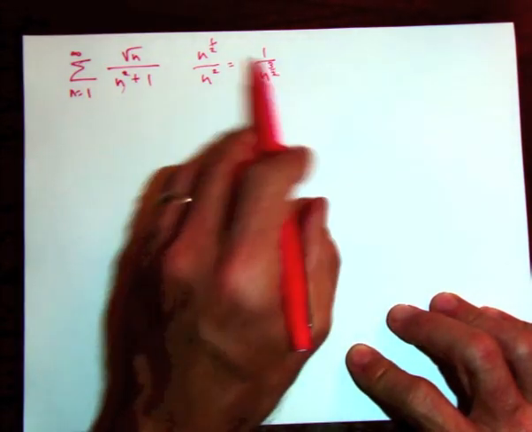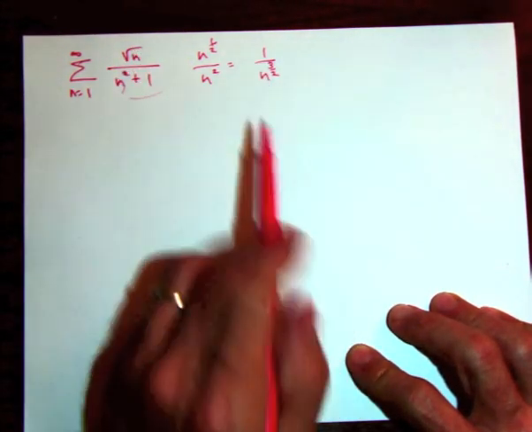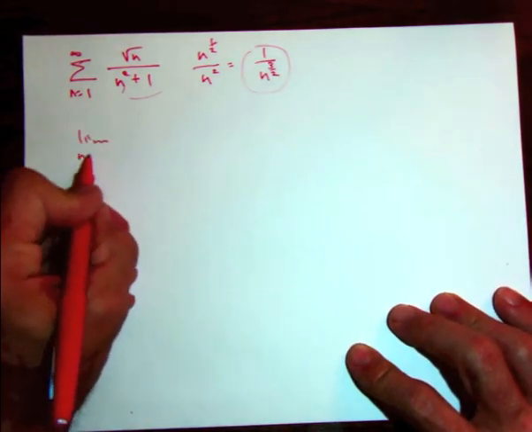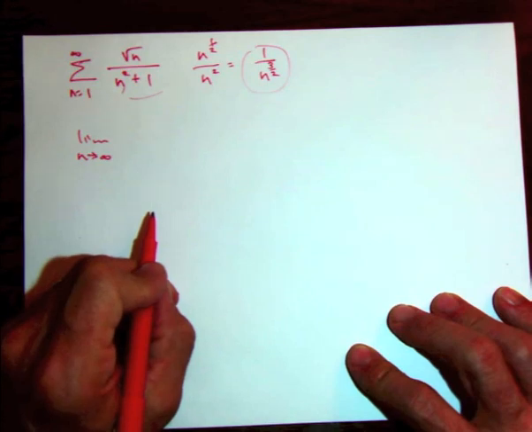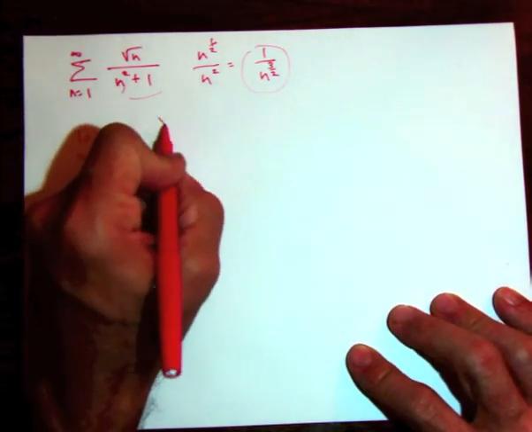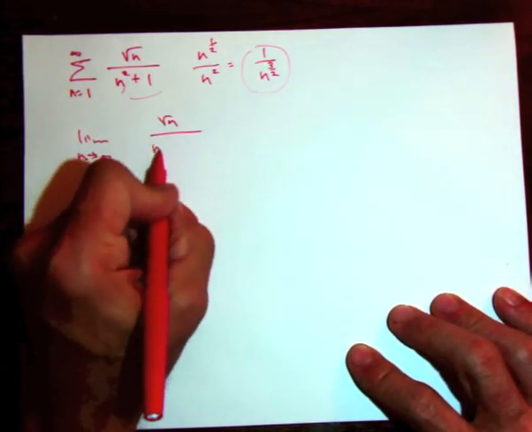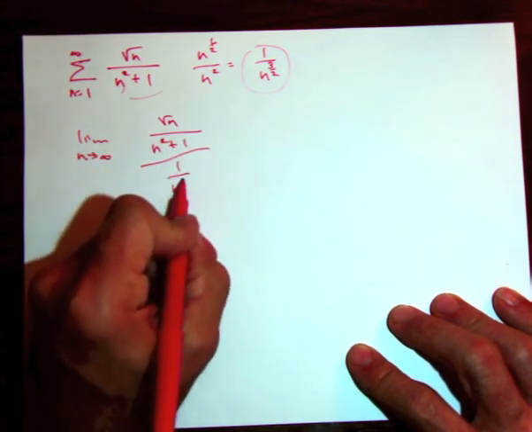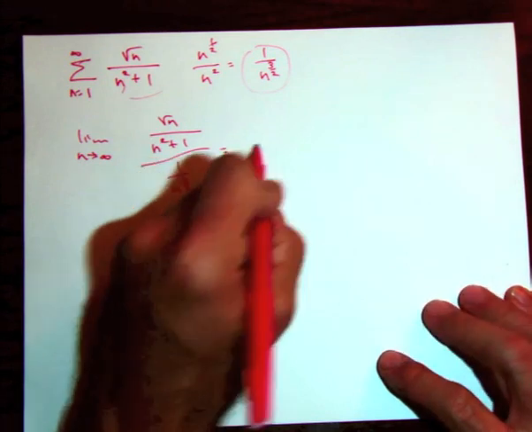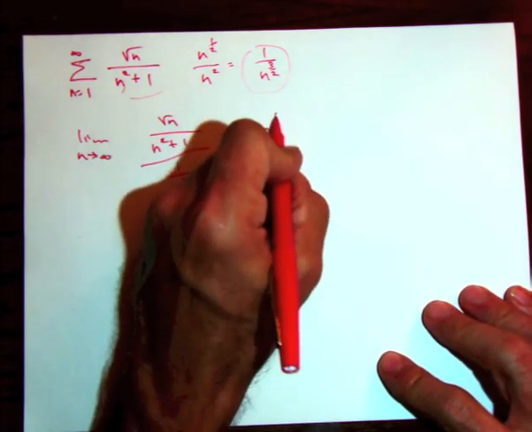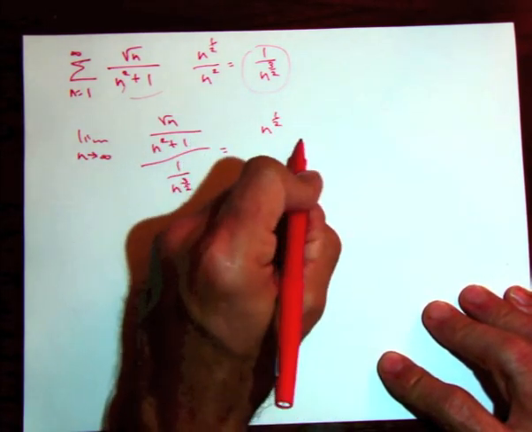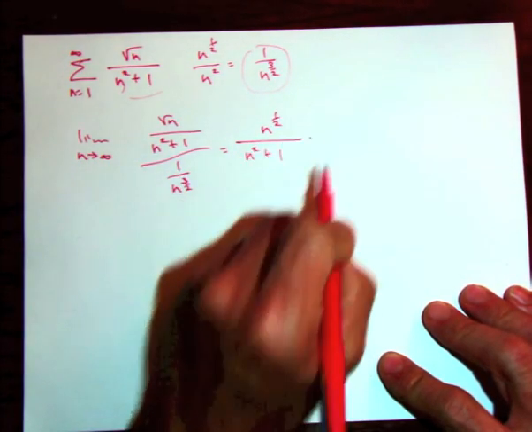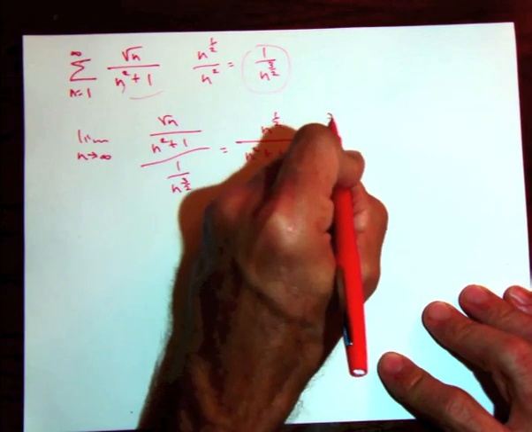So let's compare this with 1 over n to the 3/2. So I'm looking at the limit as n goes to infinity of square root of n over n squared plus 1 over 1 over n to the 3/2. This is going to give me n to the 1/2, just rewriting the square root, over n squared plus 1, times the reciprocal, so that's n to the 3/2.